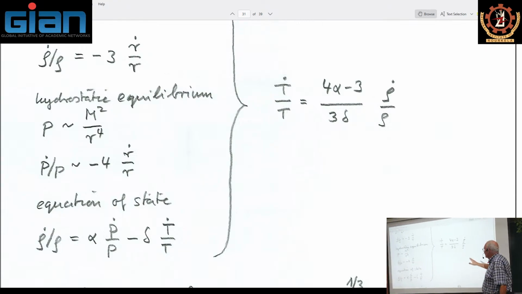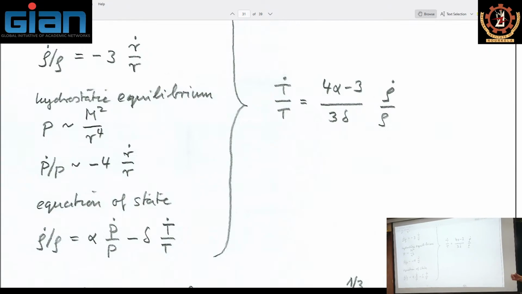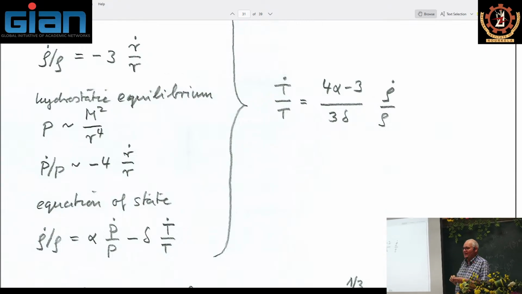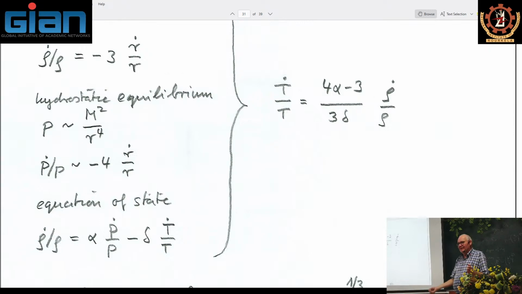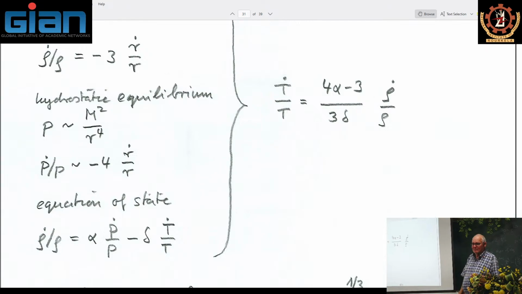So keep in mind, for alpha bigger than 3/4, we have an increase of temperature with density, and for alpha smaller than 3/4, we have a decrease. And that means by this transition from an ideal gas to a degenerate gas, we automatically get a maximum in temperature. Temperature at some stage, once we reach degeneracy, will decrease with density.